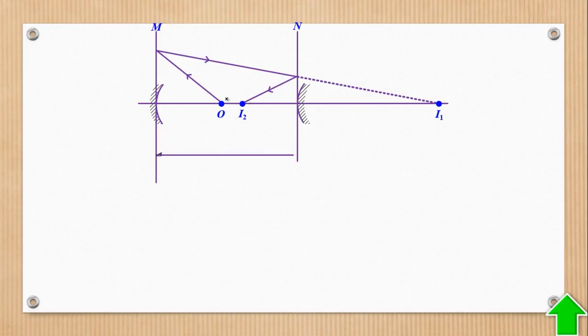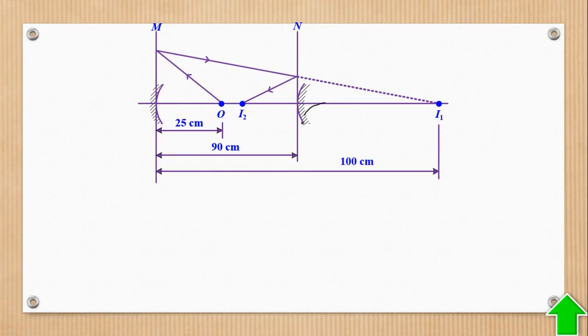Okay, so the separation was 90 centimeters, the object distance was 25, and the image distance was 100, meaning this balance is 100 minus 90, which is 10 centimeters.